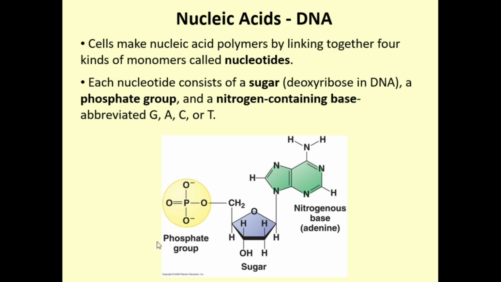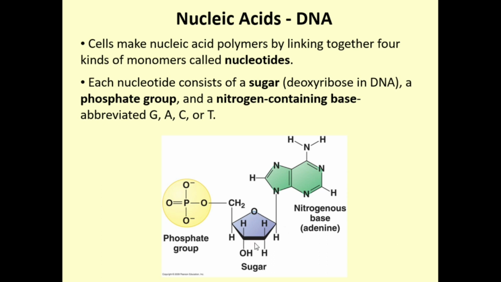So let's have a look at a simple diagram of a nucleotide. We can see it here. Right at the heart of it, we have a sugar, a carbohydrate, which we've looked at before. In DNA, this will be a pentose sugar, so 5 carbons, and it will specifically be the pentose sugar called deoxyribose. Hence the name deoxyribonucleic acid for DNA.